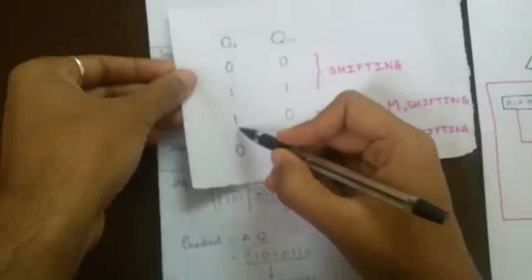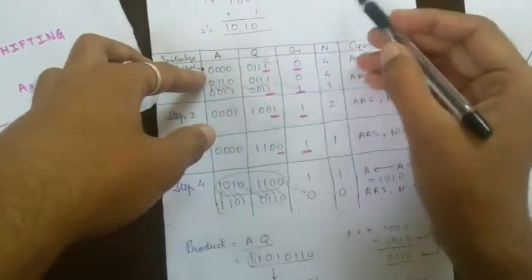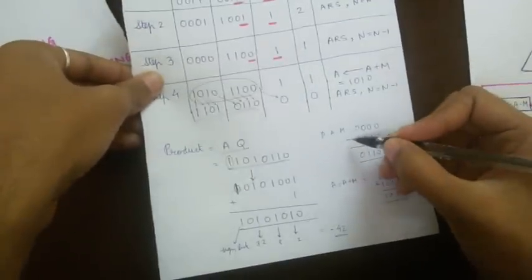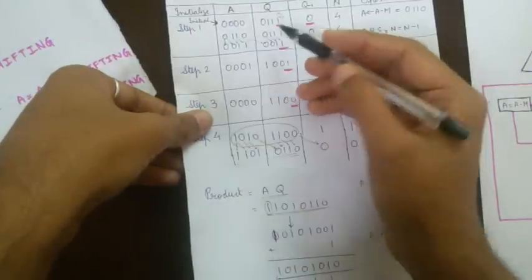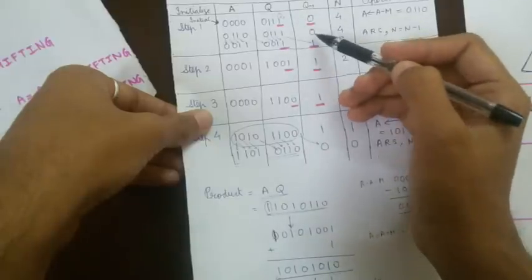As per our rule of Booth's algorithm, when the value is 1 and 0, we have to perform the operation A is equal to A minus M and later perform the shifting operation. So the value in A is 0000 and the value in M is 1010. Here you can see that this operation gives us the result 0110. So we will write it down as it is. The value of Q is the same and the value of Q minus 1 is also the same.